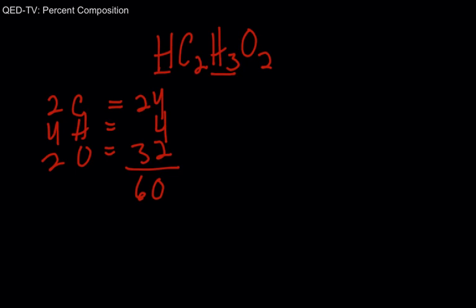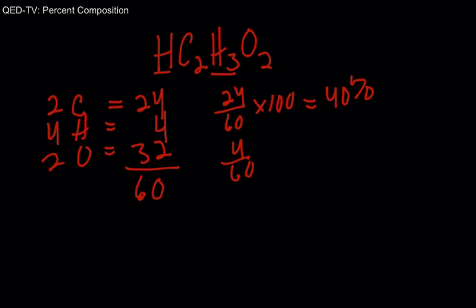So for carbon, I would take 24 divided by 60 times 100, and for carbon, that would be 40%. For the hydrogen, it'd be 4 over 60 times 100, and that would be 6.7%.